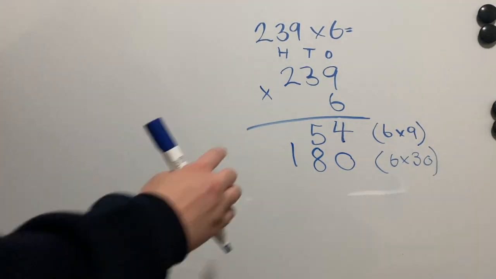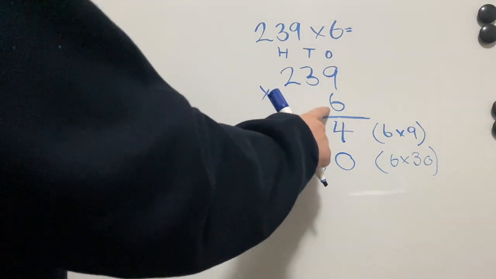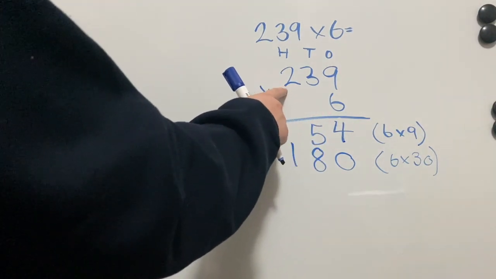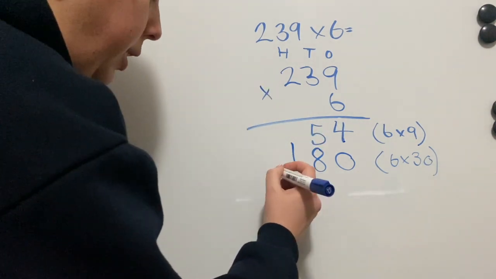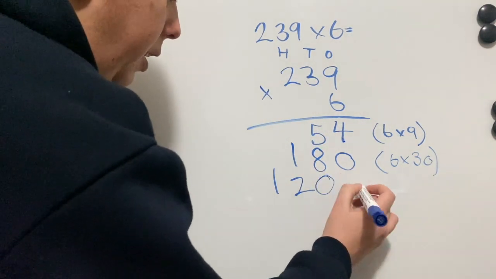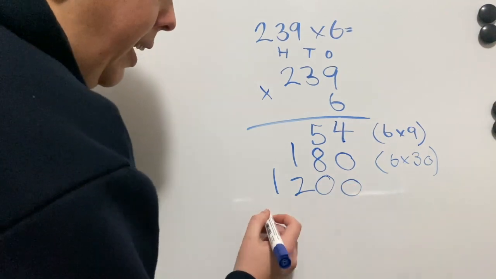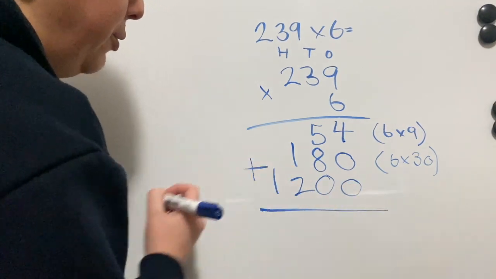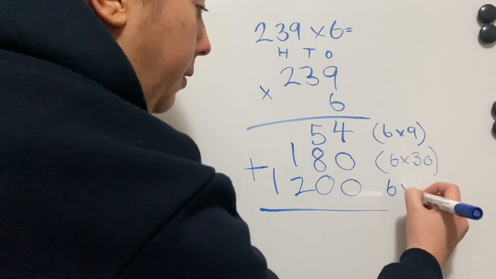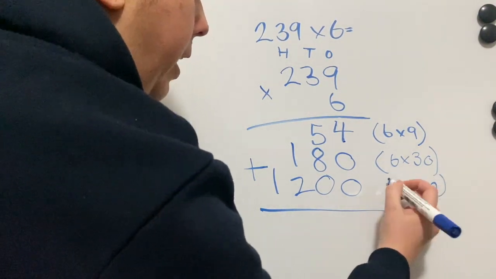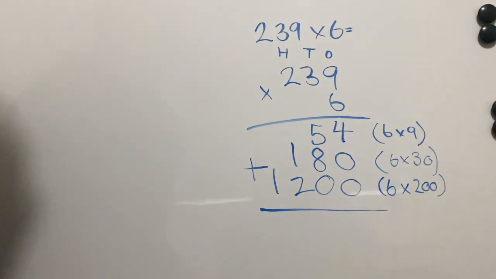My next step is to multiply the hundreds number, so 6 times 2, or 200. 6 times 2 is 12, which means that 6 times 200 is 1,200. And that's just so you can see how I've got that answer.